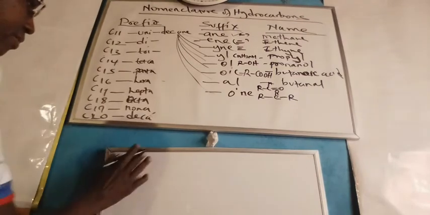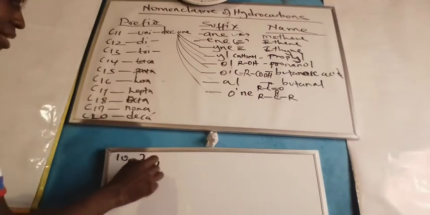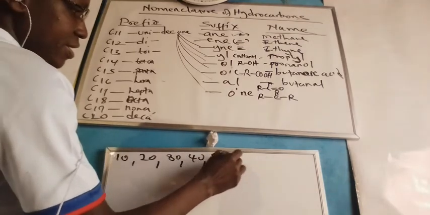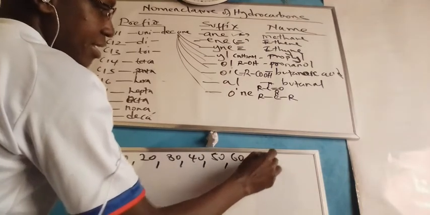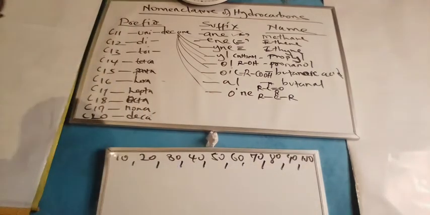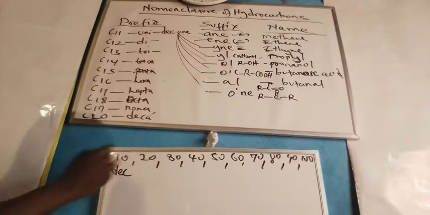What then will happen after the first 20? Let's say now we look at values of 10. So we have 10, then we have 20, 30, 40, 50, 60, 70, 80, 90, and 100. We have seen that the first 10 will end in dec.